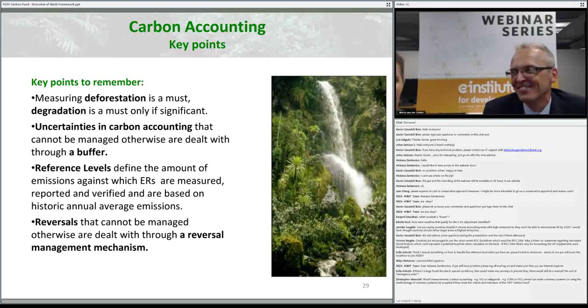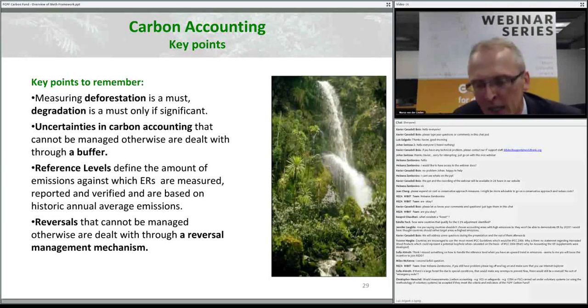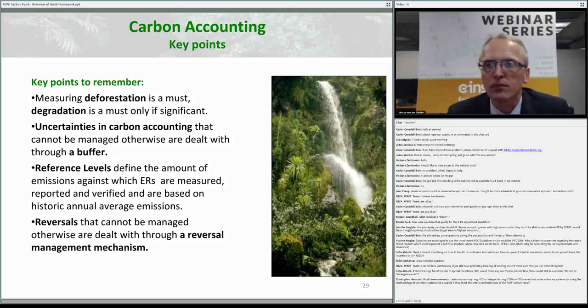Yeah, that was an interesting discussion when the methodological framework was designed. The decision in the end was that the reference level is going to be based on average historic annual emissions.